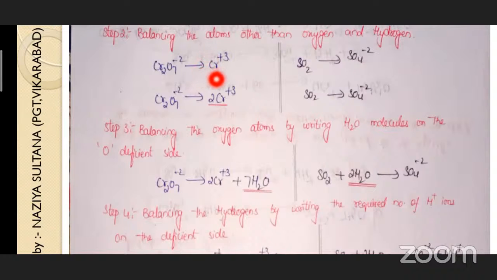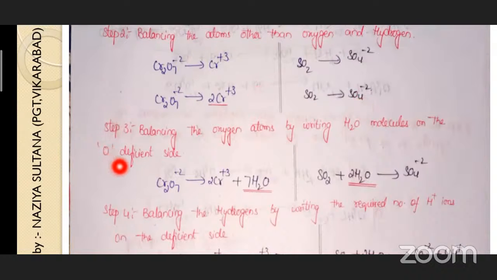These rules you have learned already, in 10th class also you have seen. We only adjust the coefficients. So here 2 chromiums are there, so I will be writing 2 as the coefficient. So it becomes 2 chromiums. And on the other side you see one sulfur, here also one sulfur. So no need to balance the sulfur atoms over here.